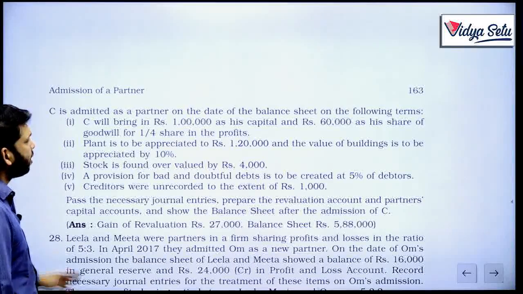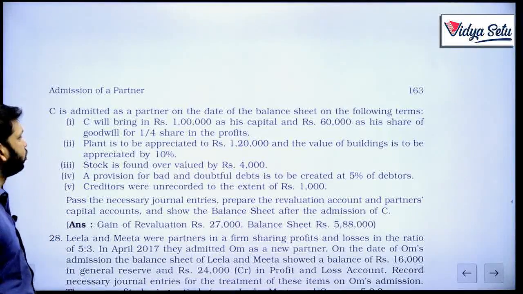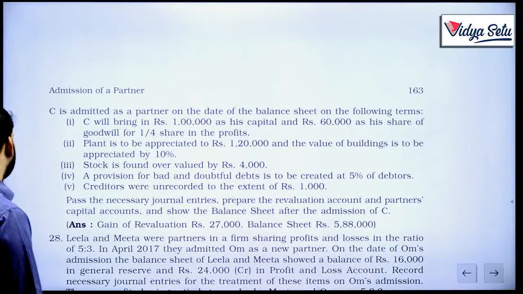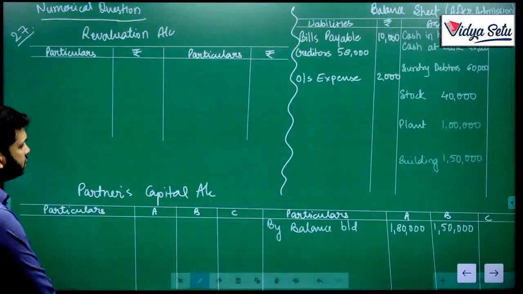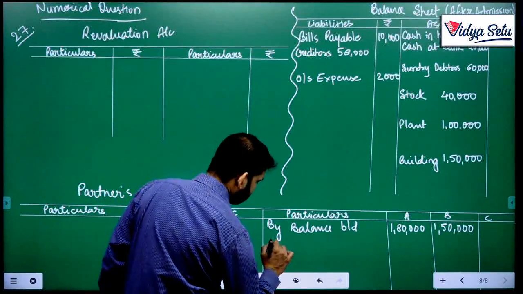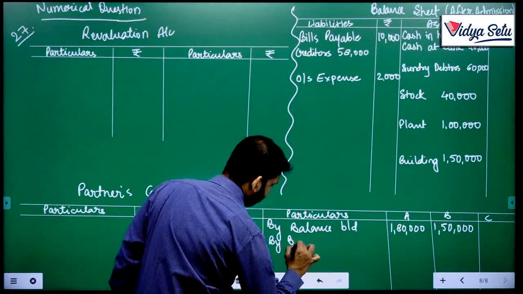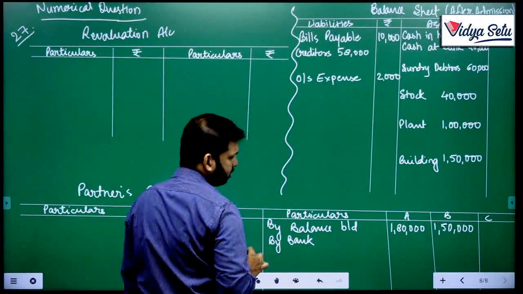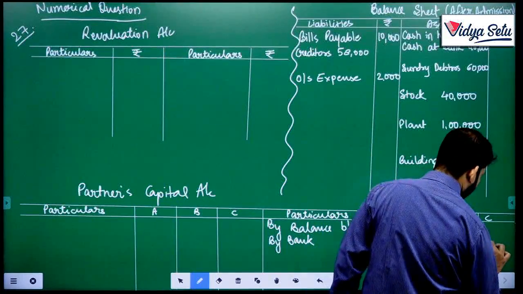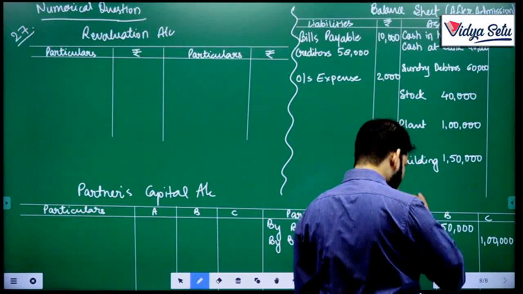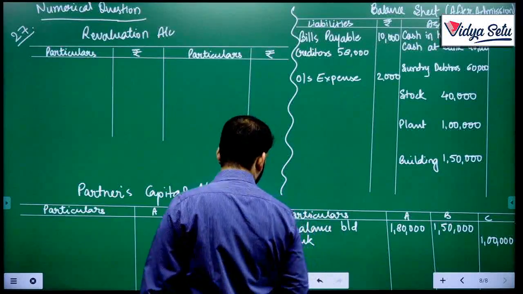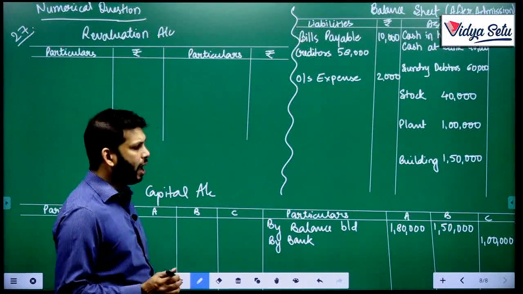So C is admitted as a partner on the balance sheet date on the following terms. C will bring rupees 1 lakh as his capital and 60,000 for his share of goodwill for 1/4 share in the profits. So C is bringing in 1 lakh and 60,000. By bank, how much? 1 lakh is his capital, so we have written 1 lakh in the capital. Now goodwill, what will happen?